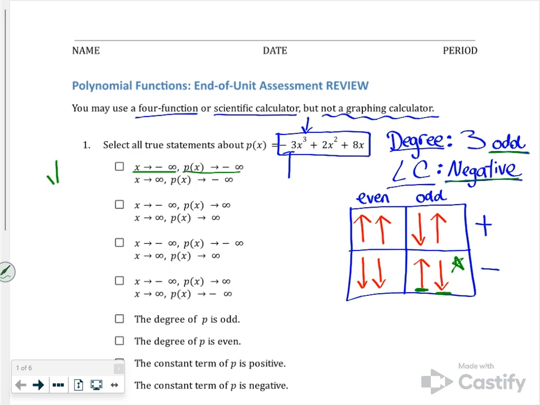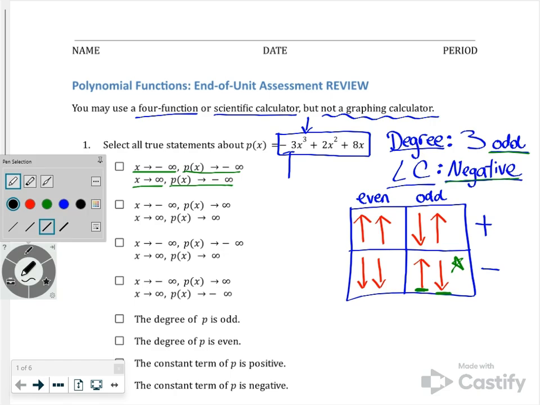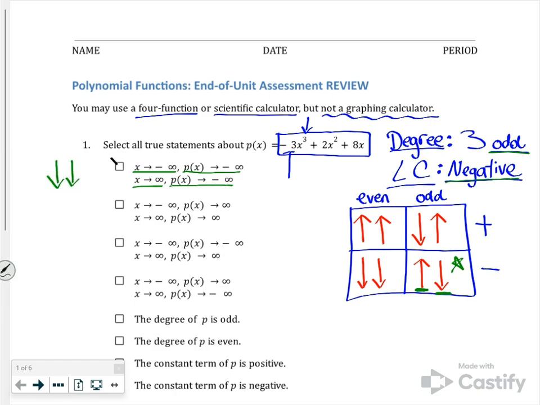That means the left arrow is going down, and as x goes to the right, the function is also going down. So this first option is the down-down pattern, and that is not what we know this to be. We know the up-down is the one we're looking for. So right away, I'm going to eliminate that option because that's not the right one.